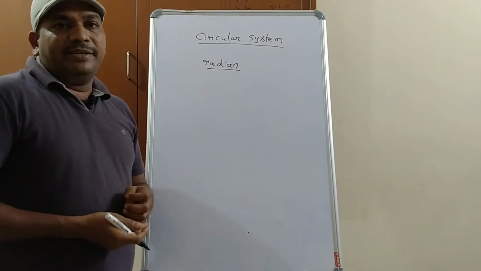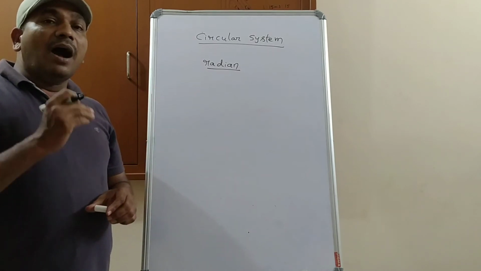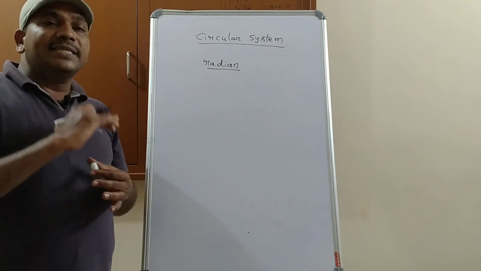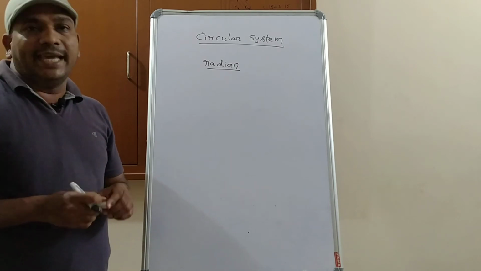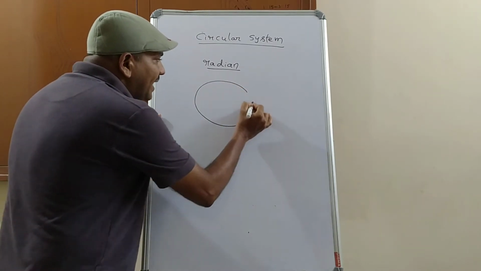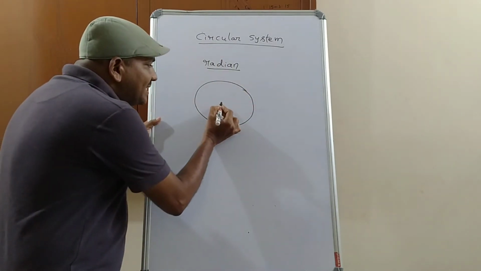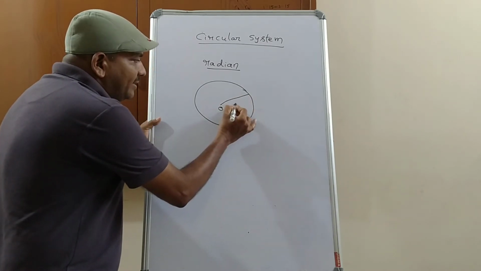Radian definition means the angle subtended by an arc of the circle at the center whose length equals the radius of the circle. That means let us take one circle. O is the center and radius is r.